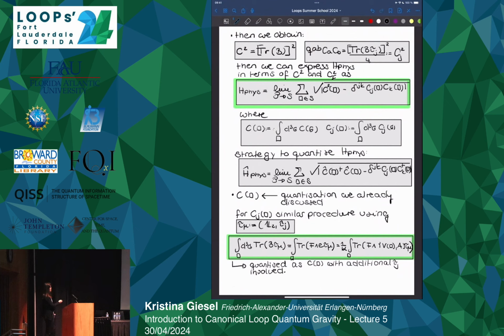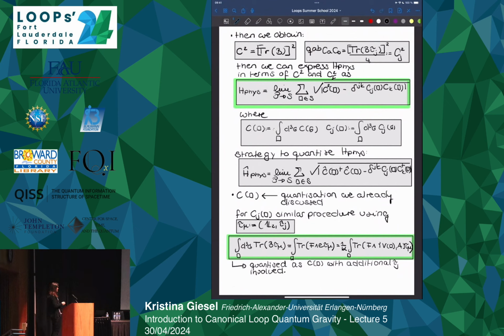And similarly, we do this for the part involving the diffeo by using the definition of Cj. So this means we can write the physical Hamiltonian in this form. And if we have classically a square, we usually quantize this as C dagger C. And similarly, if we have Cj square for the second part, we also quantize this as Cj dagger Cj.